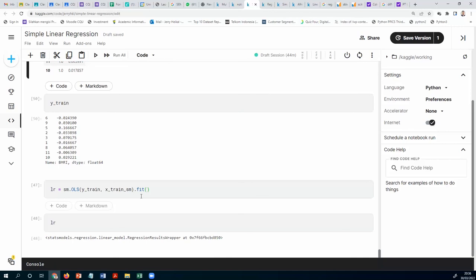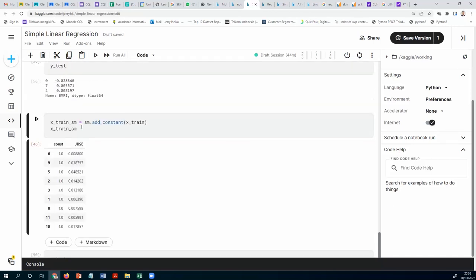But we need to create a constant. Because we need a constant, we develop new data, X_train with statsmodels. We add a constant in the X_train.